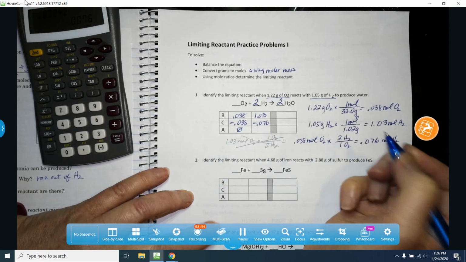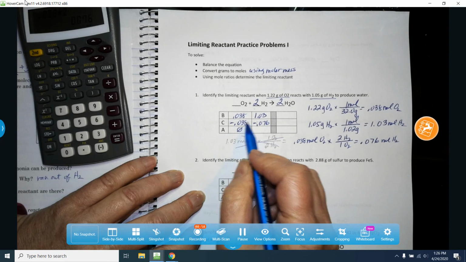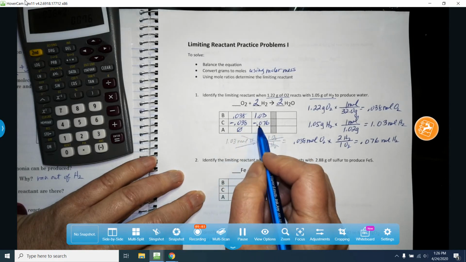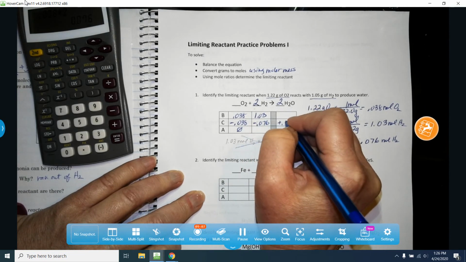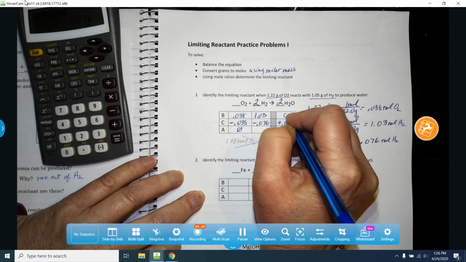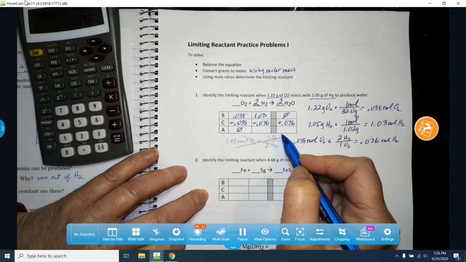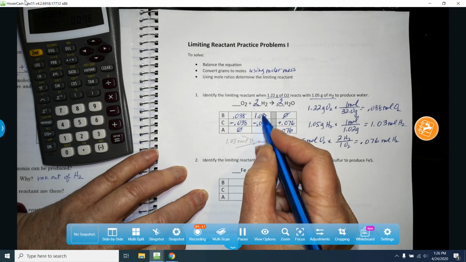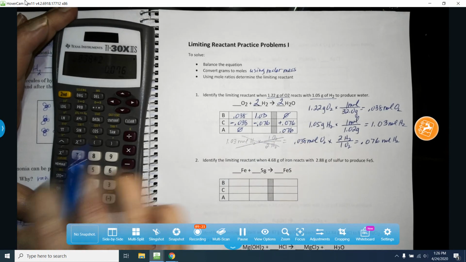So I'm going to use up 0.076. Okay, and then also from this, I'm going to figure out how much of that I'm going to make, and it looks like it's that same ratio, so I can just do this. Okay, and obviously I start out with none, no product in the beginning, and I'm going to end up with that here, and then I'm going to subtract these two to figure out what excess I have.